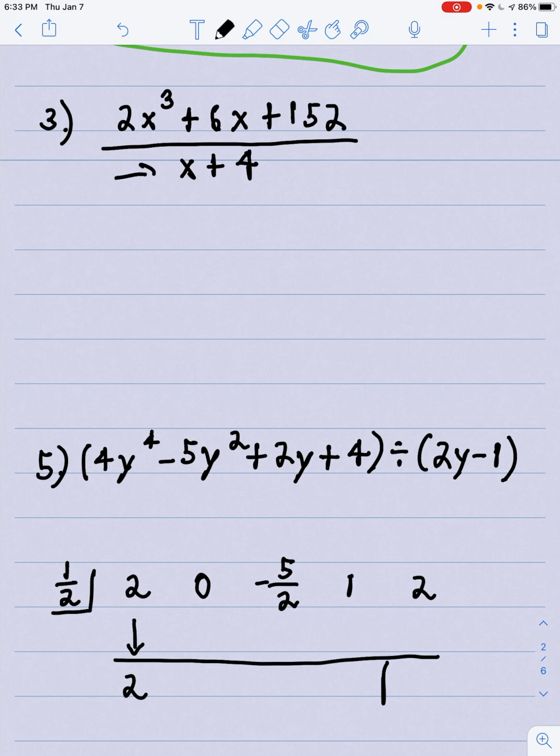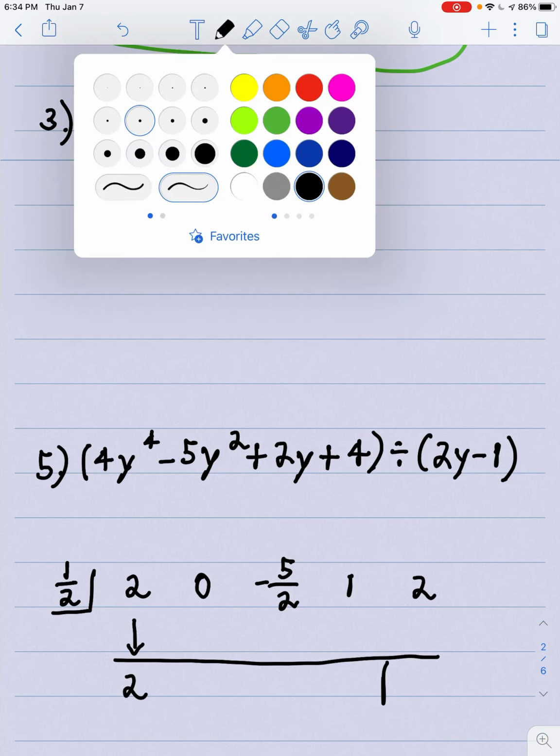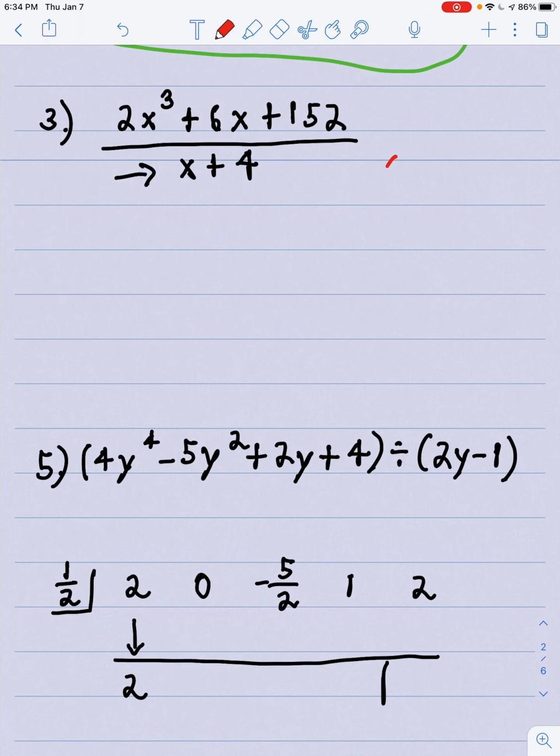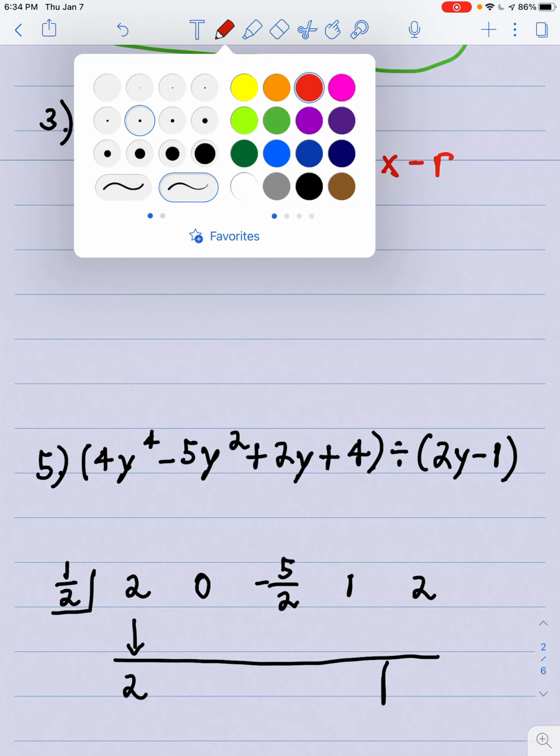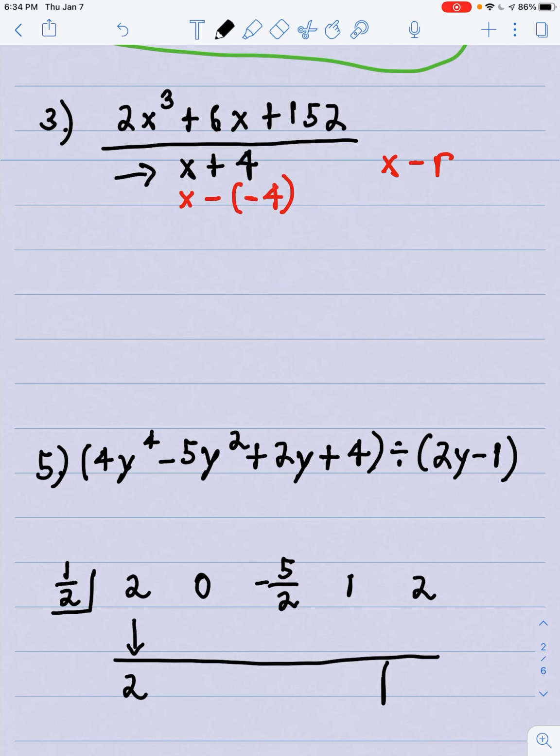This right here, what we're dividing by, is of the form x minus r. We do have to understand, to be plus 4, it would have started as x minus a negative 4. So r is actually a negative 4. It's the opposite of the operation. So in my half box, I want to put negative 4. And then you're going to notice I have a 2 for my first coefficient.